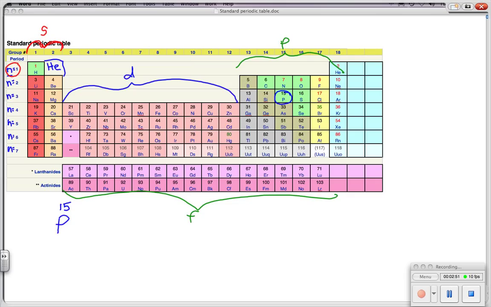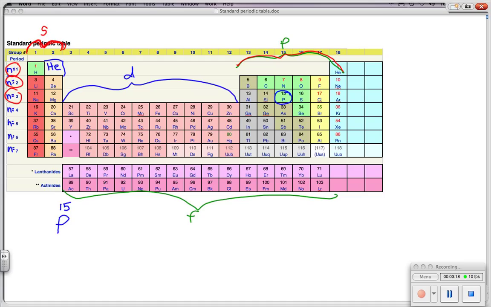Principal energy level 2 right here has the S and the P. Principal energy level 3 right here has the S, the P, the D. So each time you increase a principal energy level, you get another sublevel.